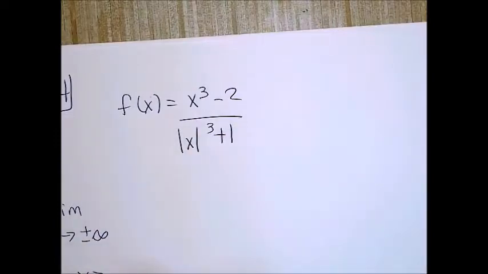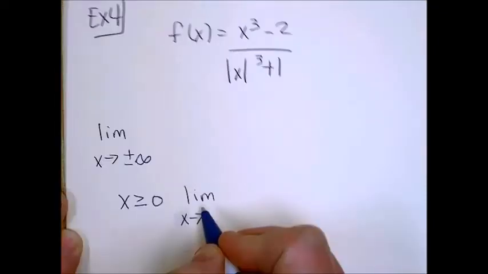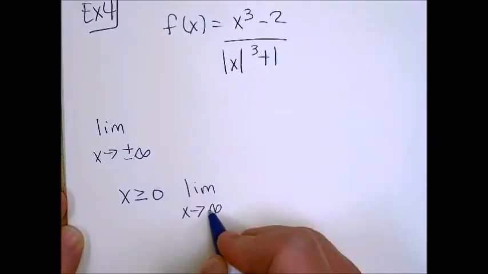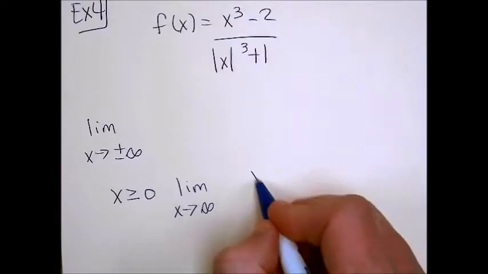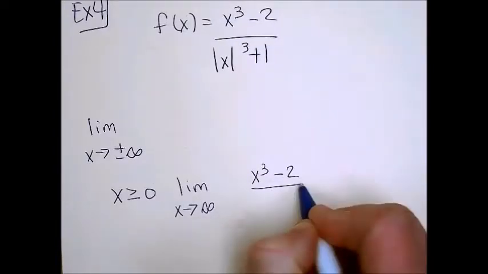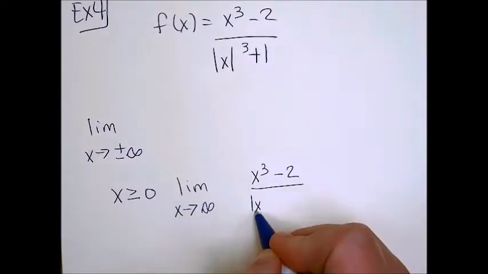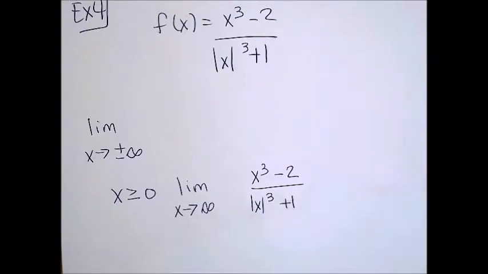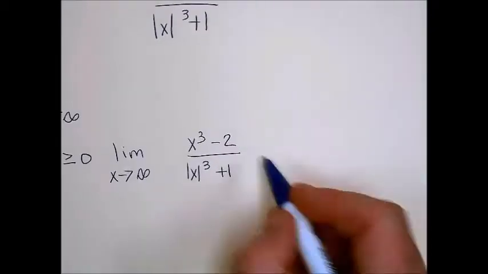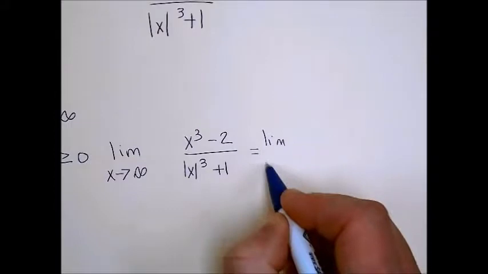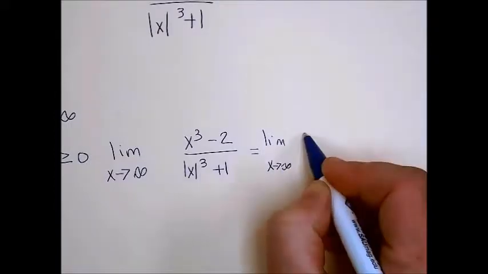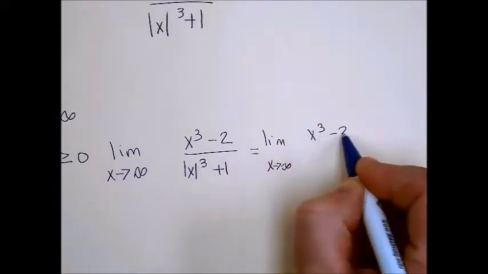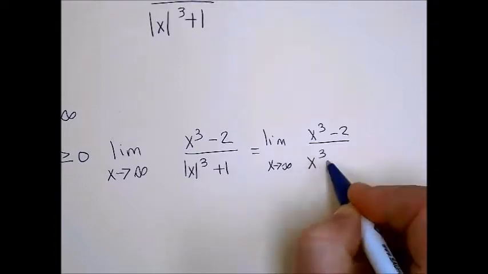When x is greater than or equal to 0, we want the limit as x approaches infinity of (x cubed minus 2) over (absolute value of x cubed plus 1). We're going to treat that as the limit as x approaches infinity of (x cubed minus 2) over (x cubed plus 1).